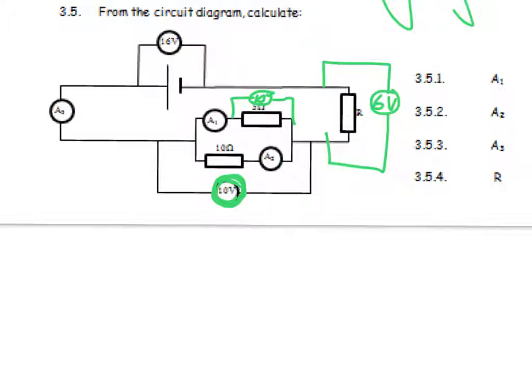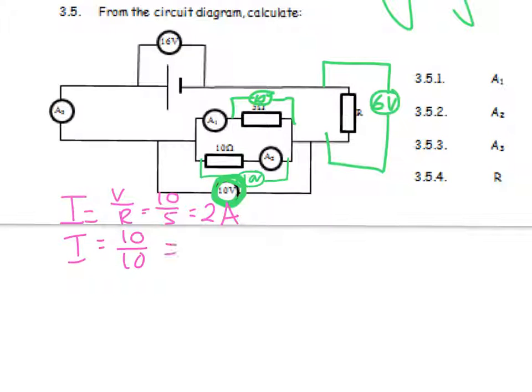So first says find out the current on A1. So I is equal to V over R, which is 10 divided by 5, which equals 2 amps. Then says, what about A2? Well, since A2 has got 10 volts as well, I'll just put that in there, and I've now got 10 ohms, I can go I is equal to 10 over 10, which is equal to 1 amp.